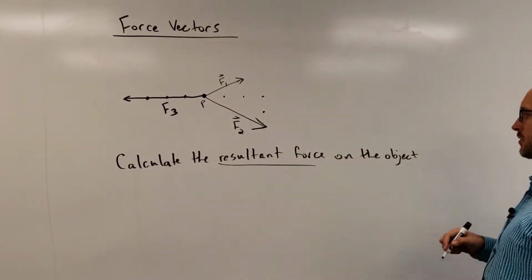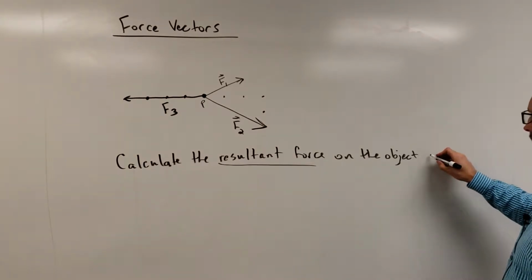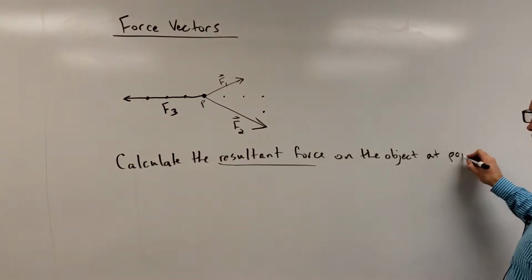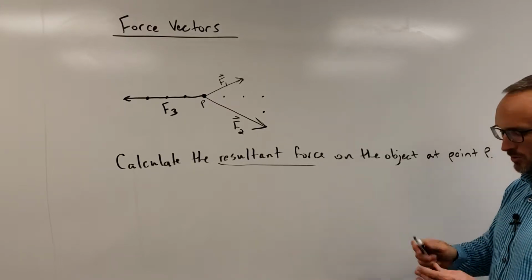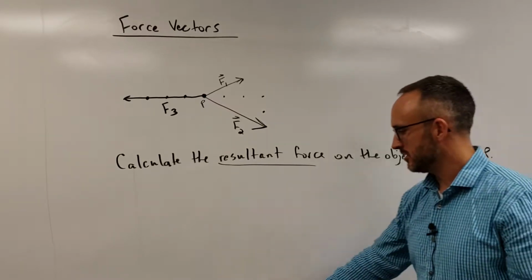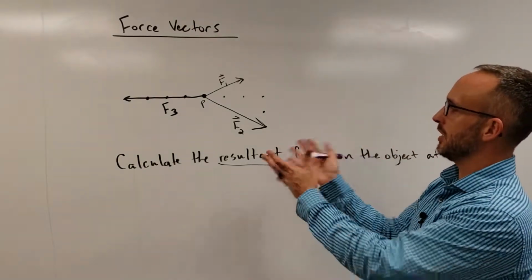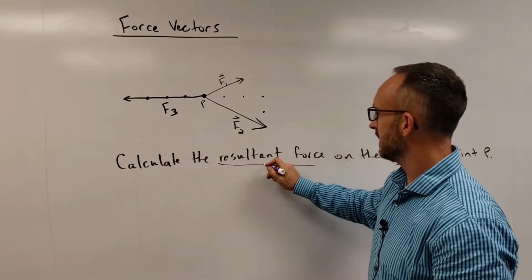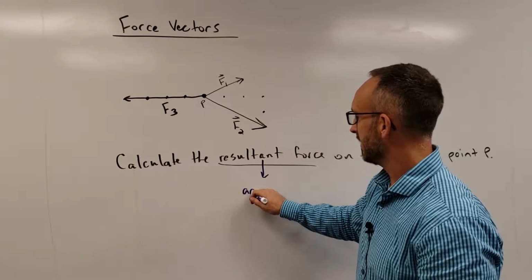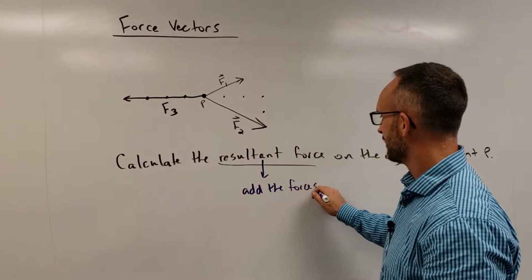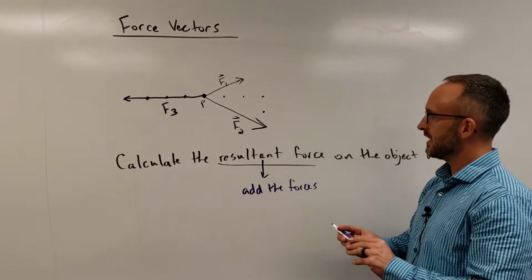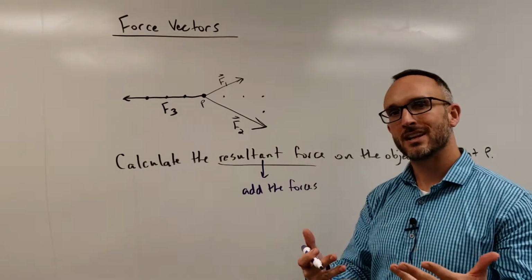So calculate the resultant force on the object at point P, all right? Let's be clear. And so, very simple thing to do, if you want to know what happens when you apply all of these forces, you simply add the forces together, all right? So what we need to do is figure out what these forces are as vectors.